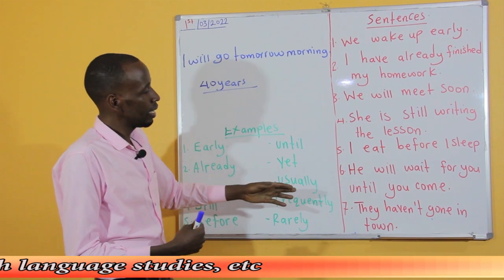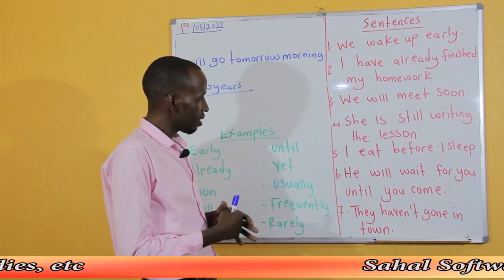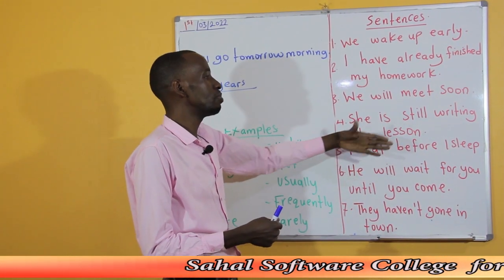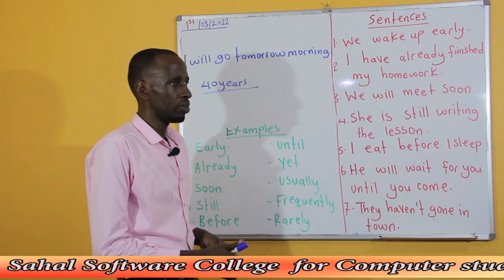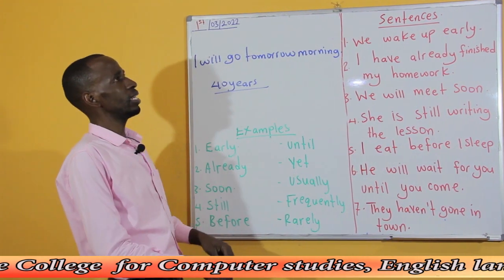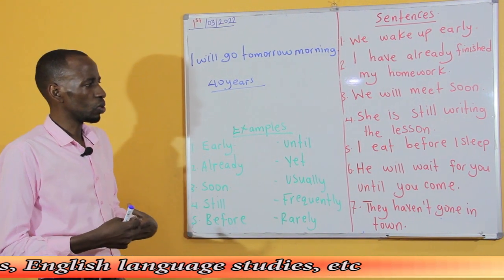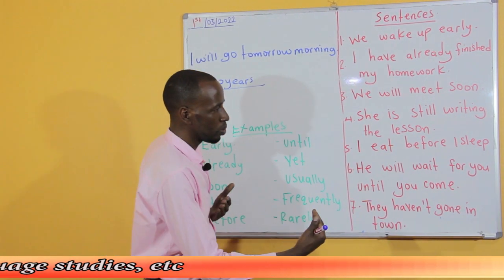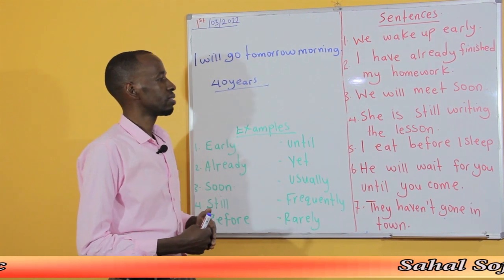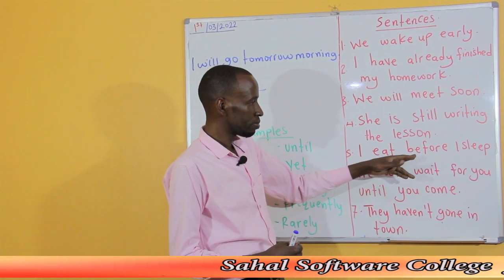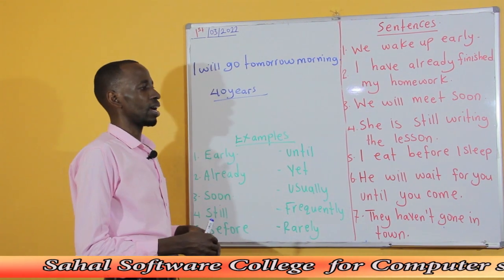If I say, I think I've given example number 5, I eat before I sleep. Yes. You cannot sleep and then you wake up at night at 11, then you start eating. I think that's a bad habit. So it means before you do the action, I eat before I sleep.